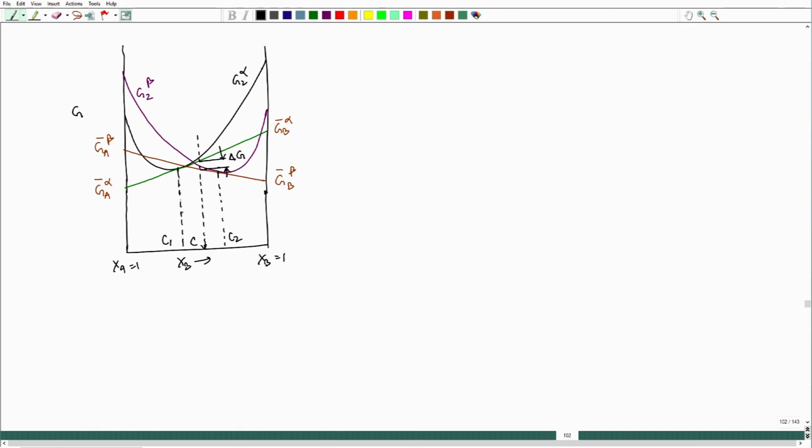In order to find out that difference, I can actually do it by shifting the equilibrium point over the tangent over the alpha point and the tangent over the beta point.